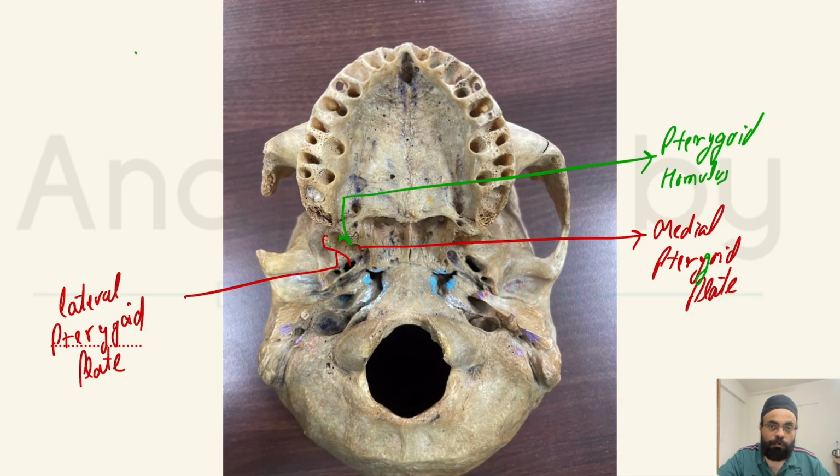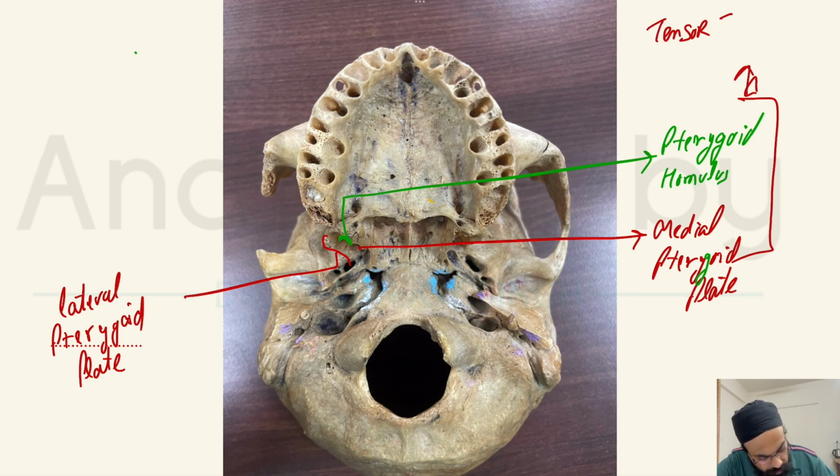Now we need to know what attaches where. The medial pterygoid plate and pterygoid hamulus combined provide attachment to tensor veli palatini muscle.